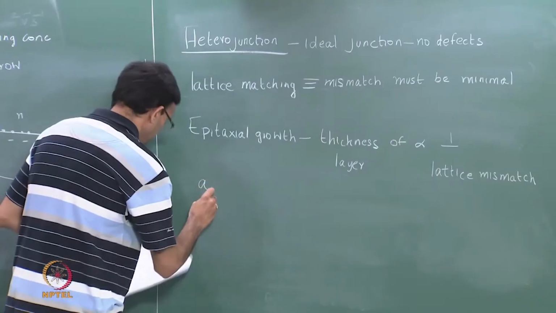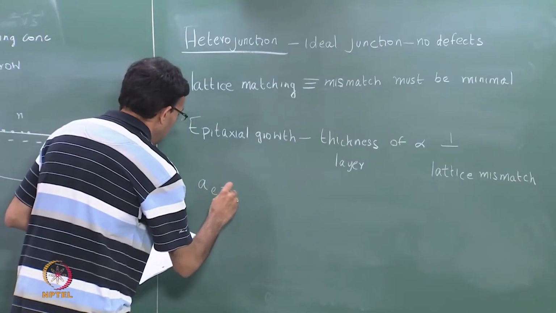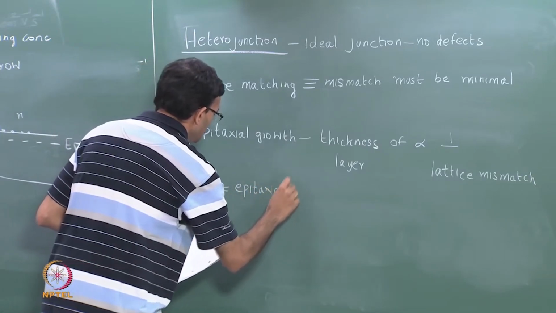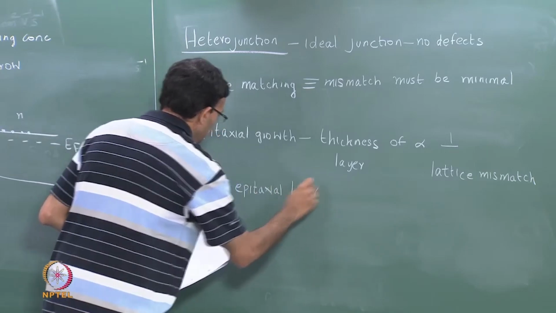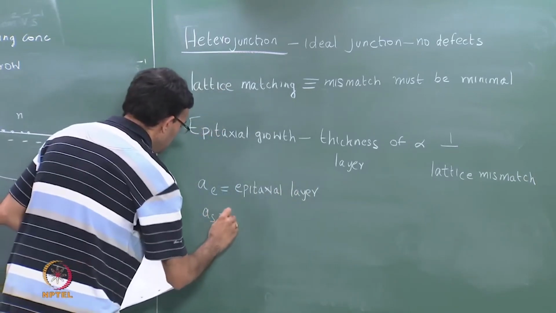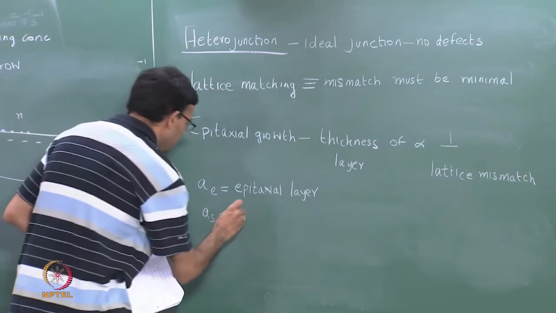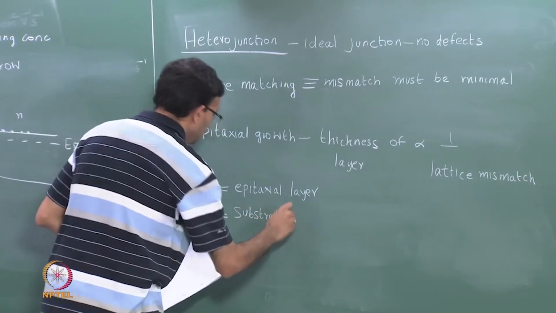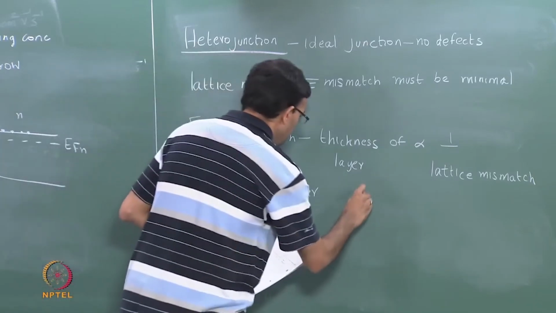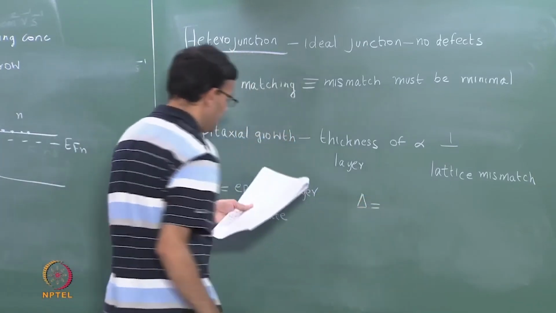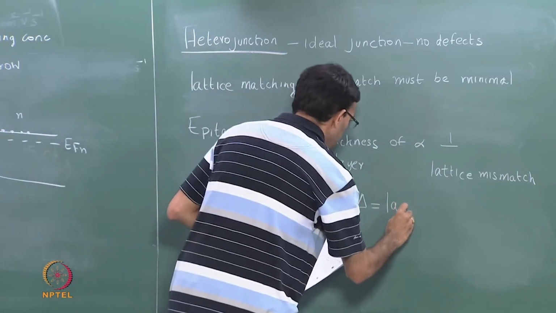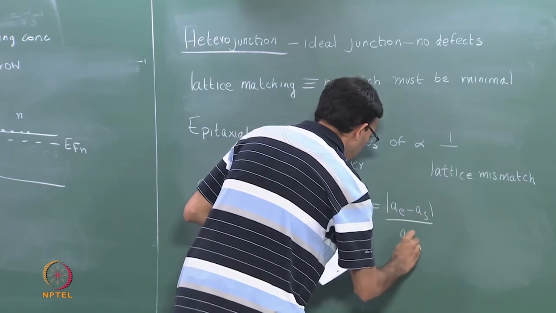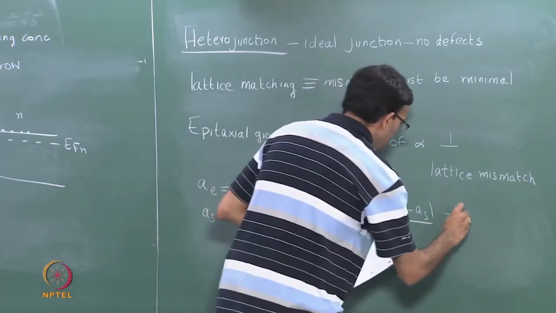So, if AE is the lattice constant of the epitaxial layer, and AS is the lattice constant of the substrate, then we define the mismatch delta as AE minus AS divided by AE. So, this is the mismatch.